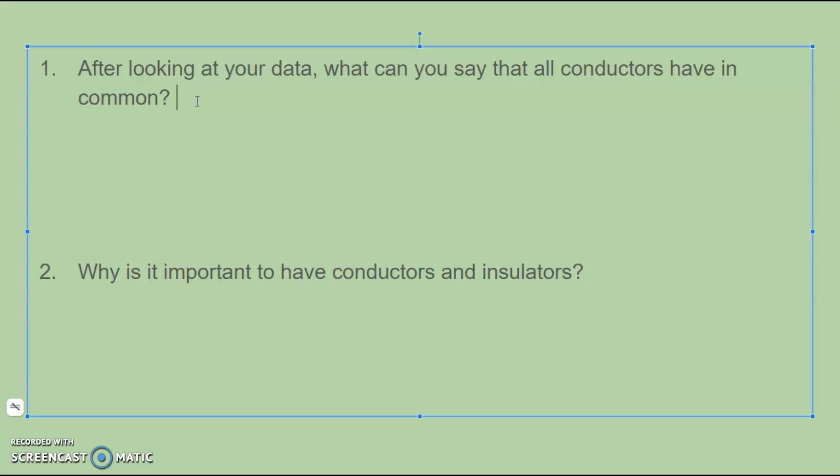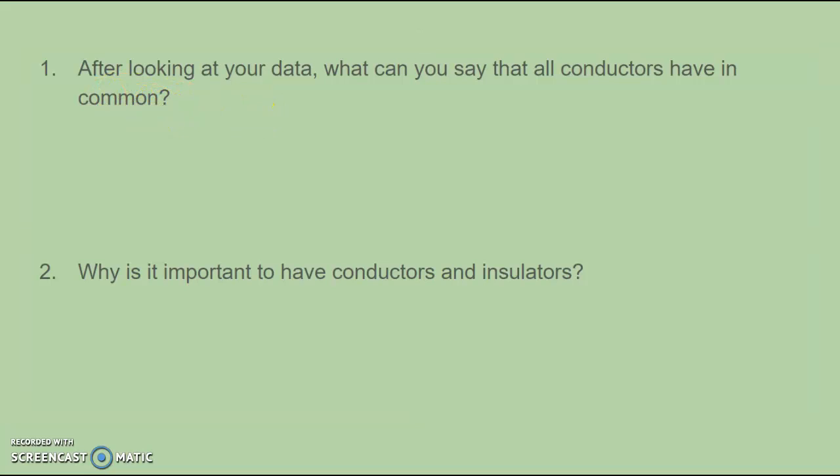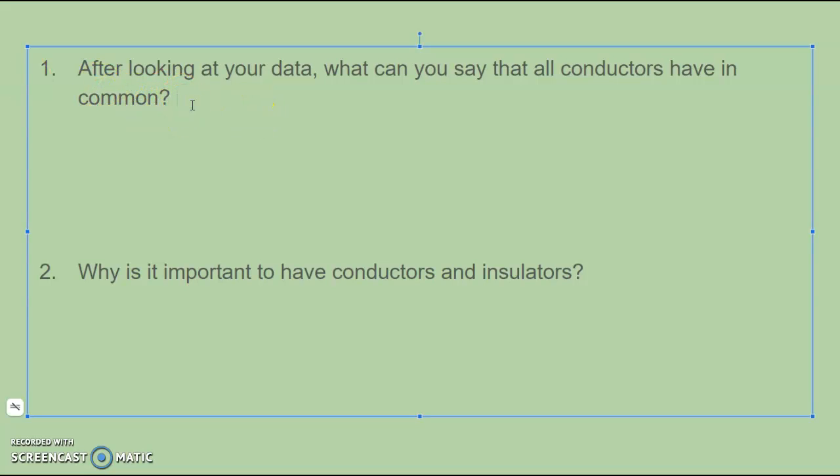Hopefully you came up with that they are made out of metal, or they have some metal in them. You don't have to write this exactly, but something like, all the conductors on my list are made of metal.